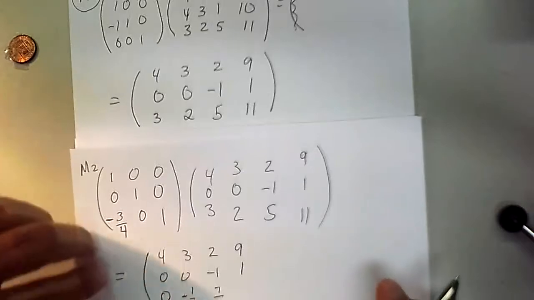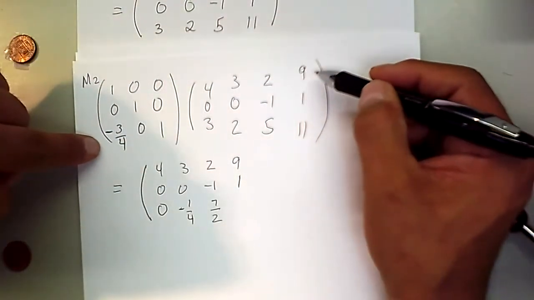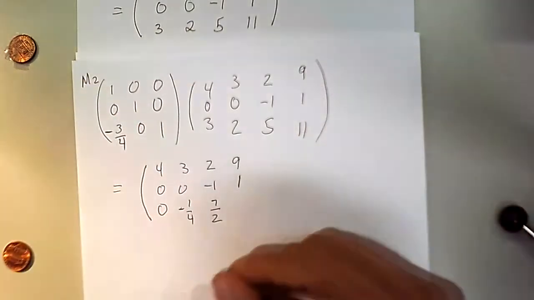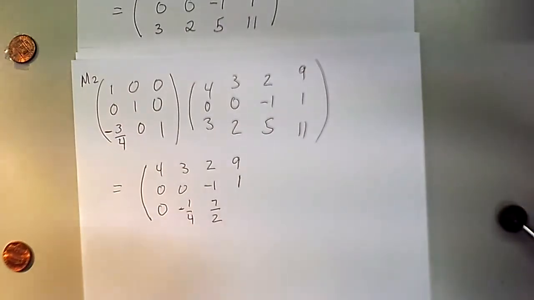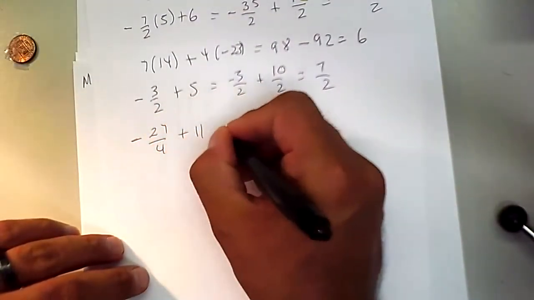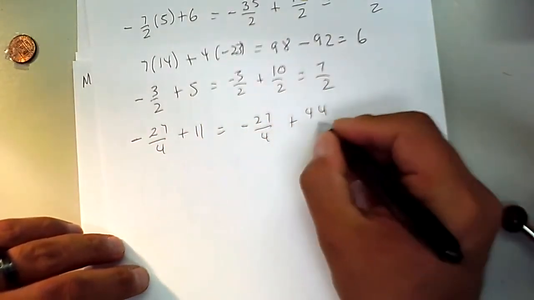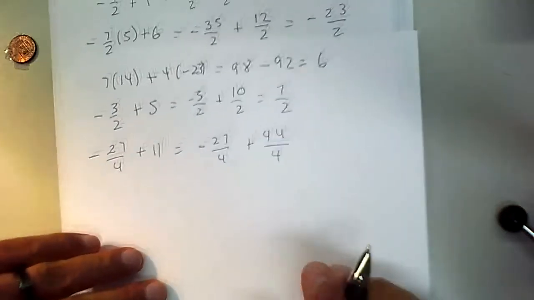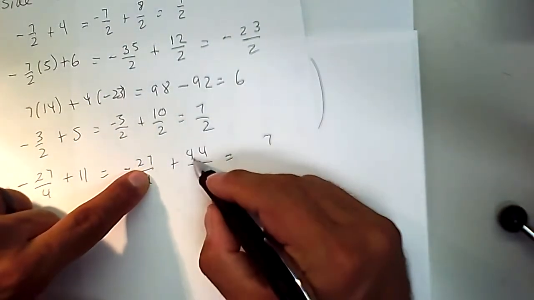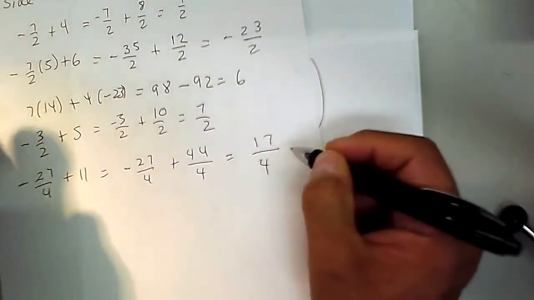Oh. And then negative 27 fourths, nothing, plus 11. Negative 27 fourths plus 11, negative 27 over 4 plus 44 over 4. Positive 17 over 4.